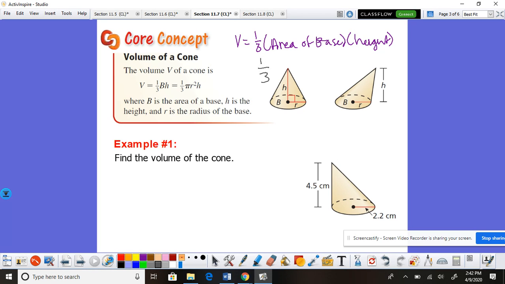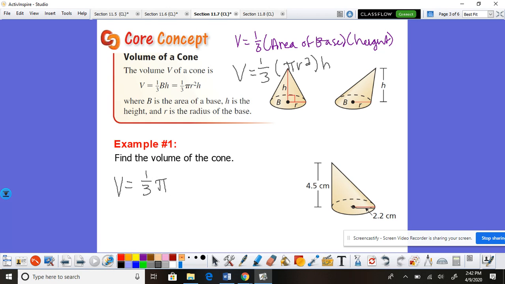So the area of the base will always be pi r squared. So this is always your formula, 1/3 pi r squared times h. Remember, when we're doing this, we want the height, the straight up and down height, not the slant height.